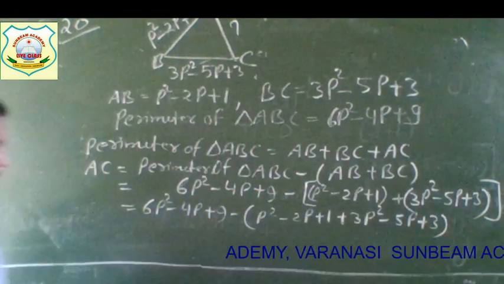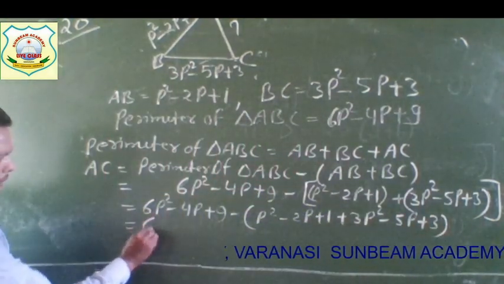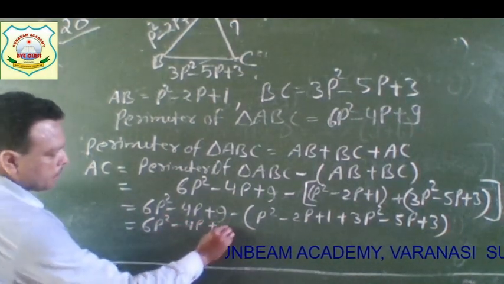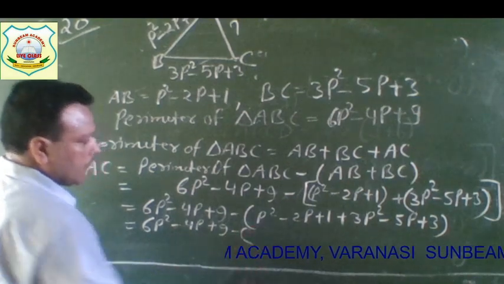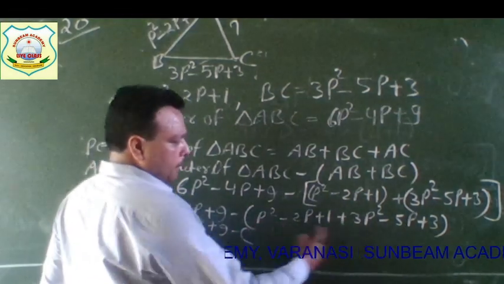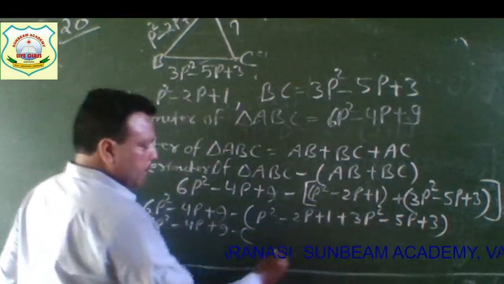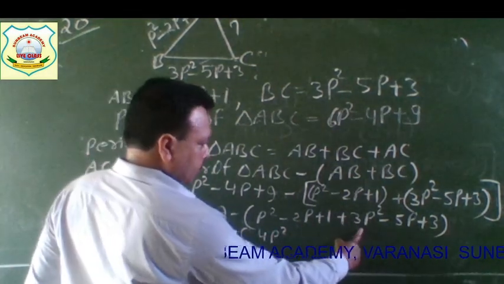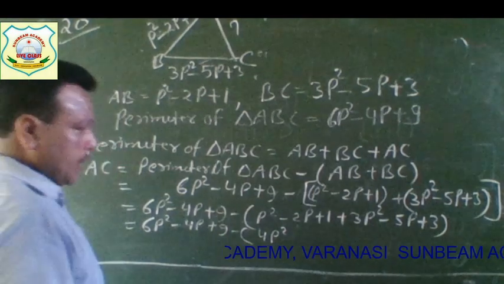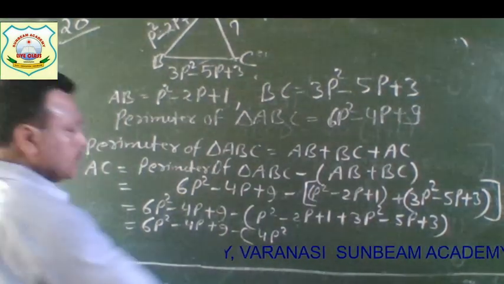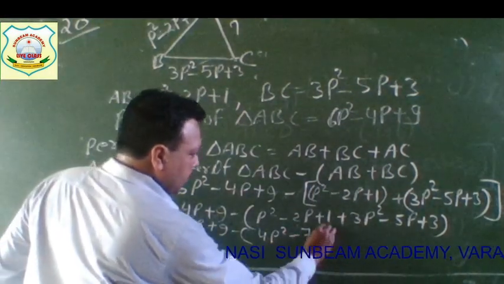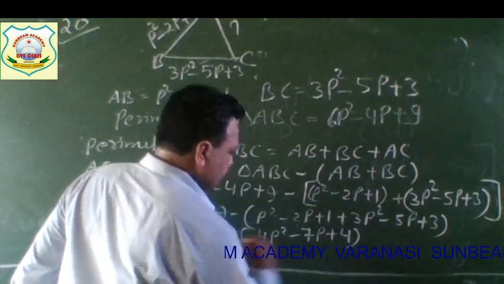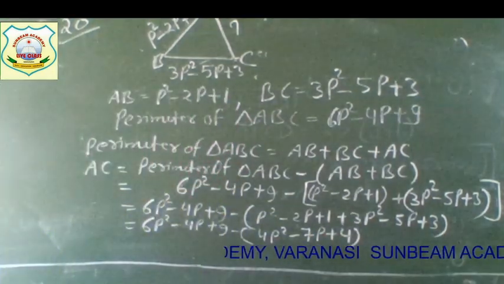Clear students? Now 6p square we write the same. Then we combine like terms: p square plus 3p square is 4p square, minus 2p minus 5p is minus 7p, and plus 1 plus 3 is plus 4.